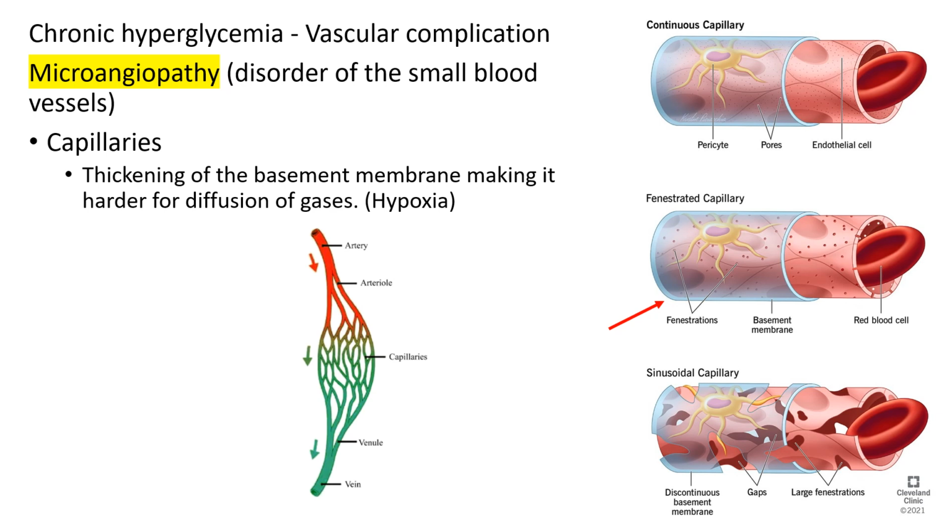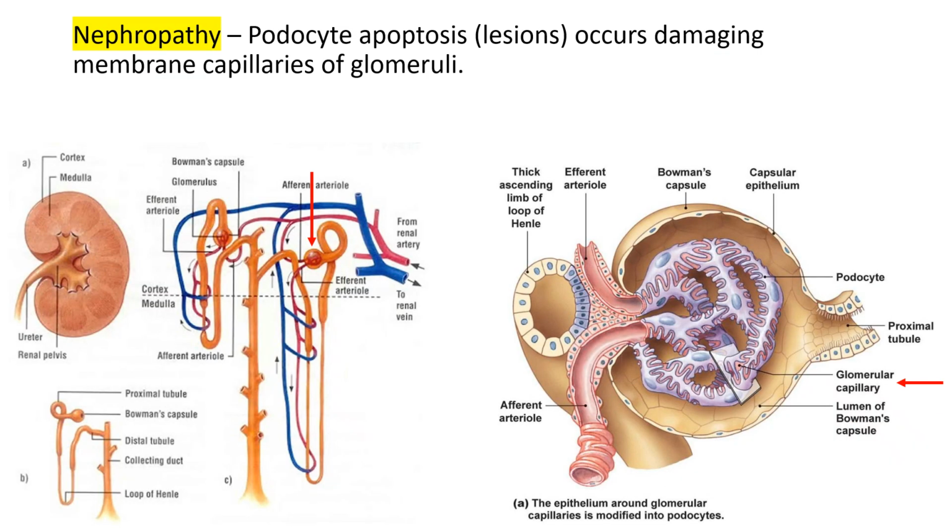This means on those little fingertip cells and those little toe cells, they have to get oxygen too. But if those capillaries aren't diffusing the gases, those cells are going to start to die.